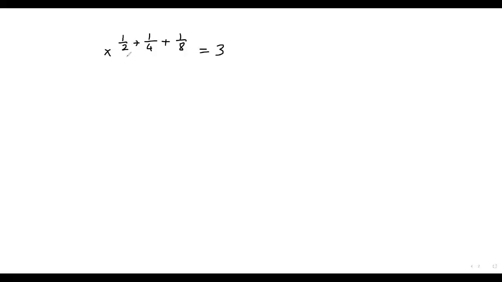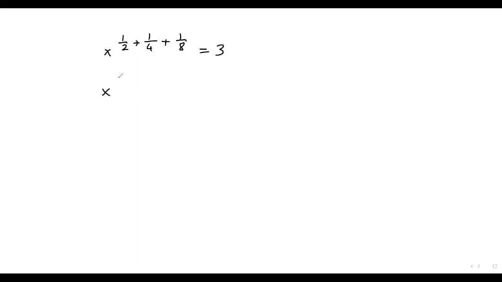Look at the three denominators, 2, 4, and 8. The least common multiple of these three denominators is 8. So we have to get each denominator as 8. For that, I multiply the first fraction 1 over 2, both numerator and denominator, by 4, so I'll be getting 8 as the denominator.